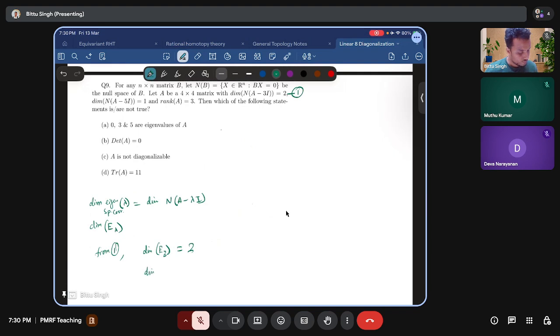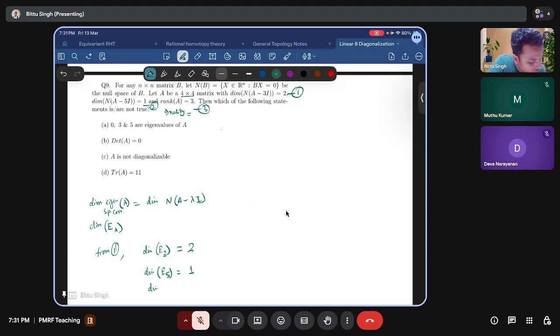Similarly, from this, the dimension of E5 is 1. In this case the rank is 3, therefore the nullity, it is a 4 by 4 matrix, so the sum of rank and nullity will be the dimension of the vector space, which is 4. For an n by n matrix, rank plus nullity is n, right?